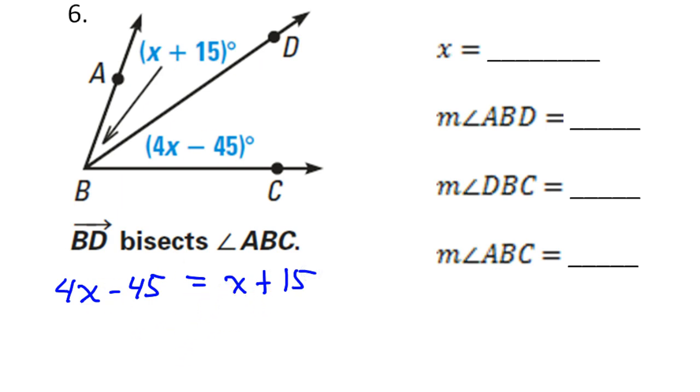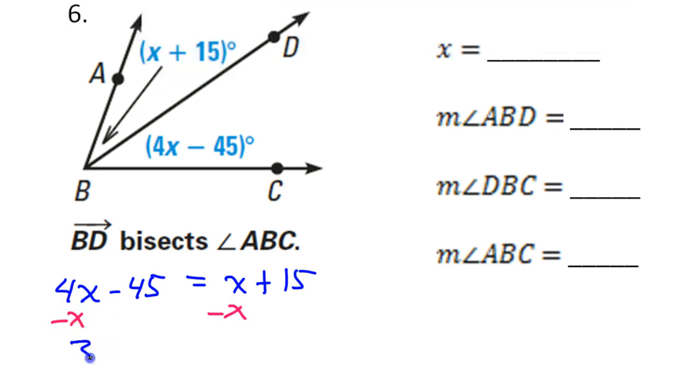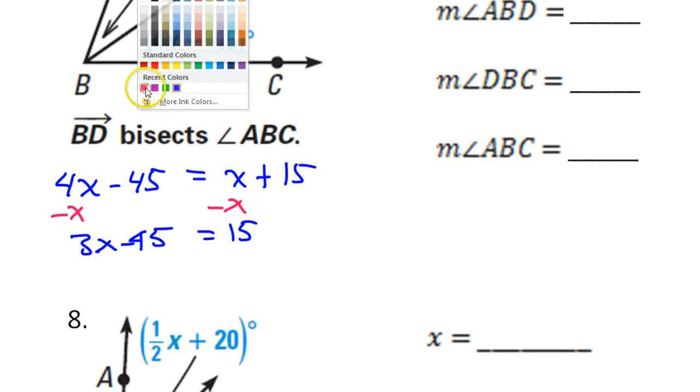I would like to get these x's together, so I will subtract x from both sides. That is going to give me 3x minus 45 is equal to 15. Now I would add 45 to both sides.